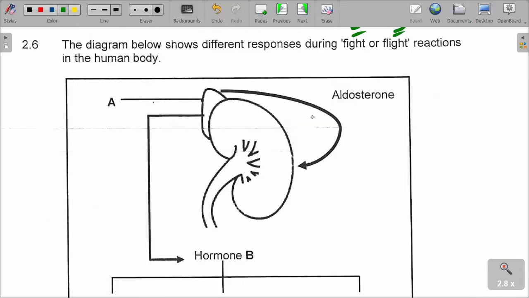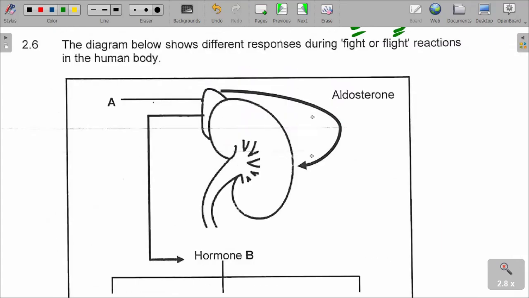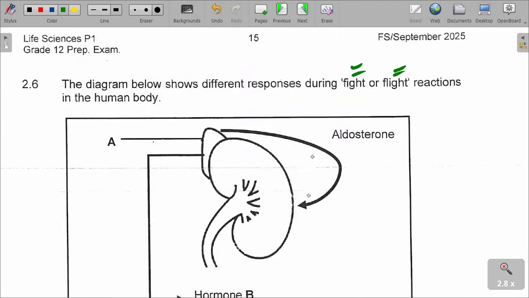Now, identify gland A. As you can see, it is found on the kidney and produces the fight and flight hormone. Which gland is that?